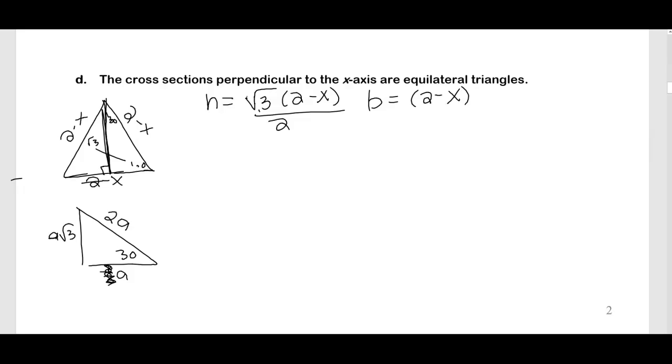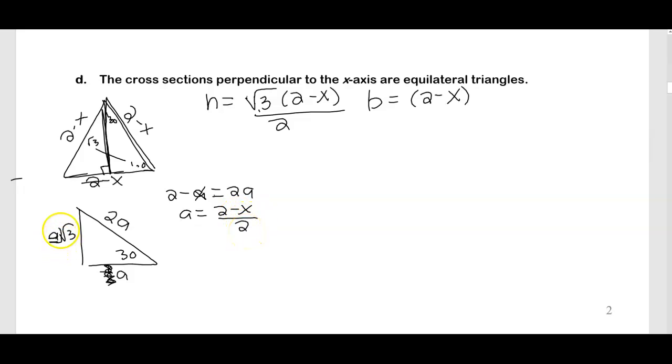The half is for the 45, 45. Because our base is only half the original base. So that is the a value. If 2 minus x equals 2a, you need to solve for a. 2 minus x equals 2a, because this is 2 minus x, therefore a equals 2 minus x divided by 2.